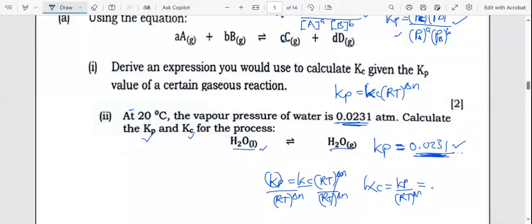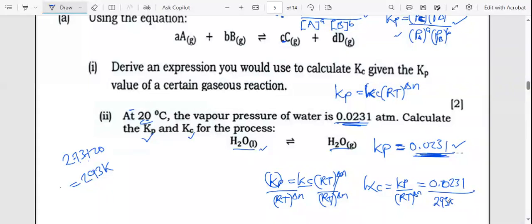So Kp is 0.0231 over RT. For the temperature, we have to take the 20 degrees Celsius into Kelvin, so 273 plus 20, which is 293. So this is the Kelvin temperature that I'll put there.